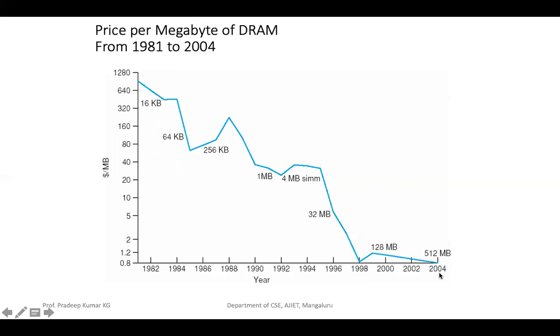In 2004, 512 MB was around 0.8 price per megabyte. See the difference. There is a huge advancement in technology, so we are getting more disk drives, tertiary drives, secondary memory and primary memory as well at a lesser price.